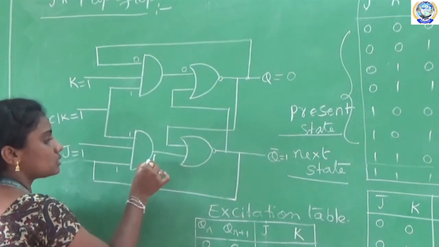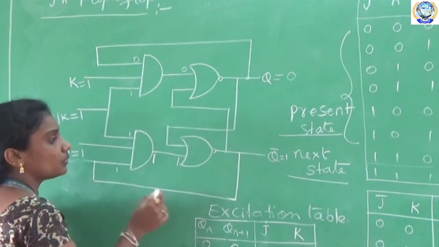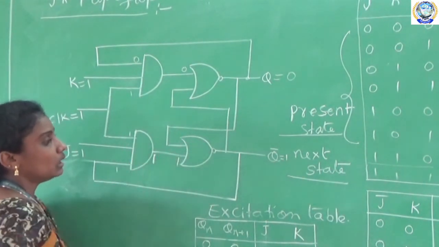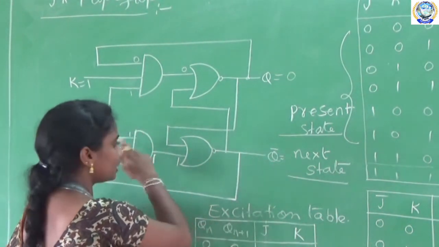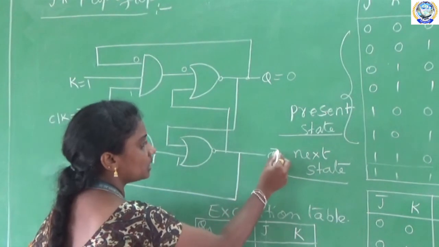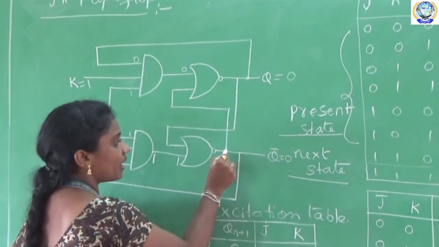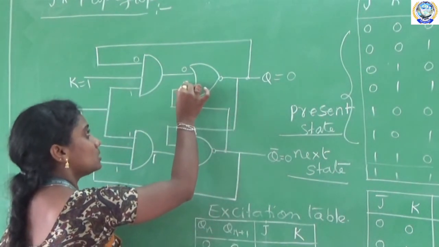Now we apply this 1 as the input of this NOR gate. If any one of the inputs is high, the output of the NOR gate is 0. So after applying the clock pulse, Q bar equal to 0. Now I apply this Q bar as an input to the first NOR gate, that is 0.